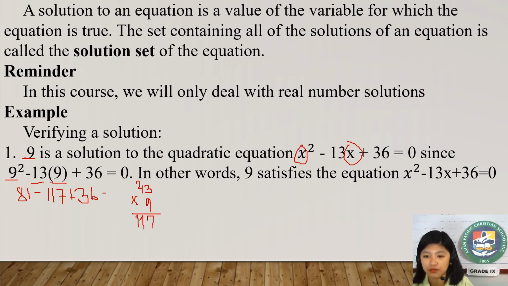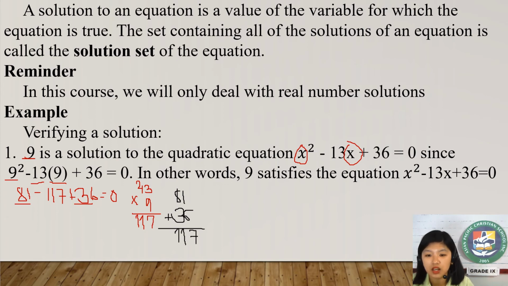So, since 81 minus 117 plus 36, unahin muna natin yung parehong sign since itong 81 ay positive. So, 81 plus 36 will give you, isolve natin siya. 81 plus 36. 1 plus 6 will give you 7. 8 plus 3 will give you 11.